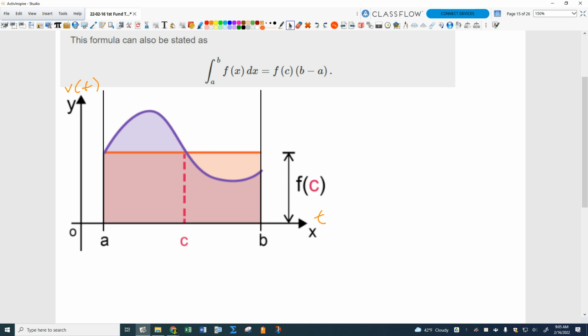What we're saying is this part right here is saying the area under the purple curve. What's this part saying right here? Well, this is saying the area under the red rectangle.